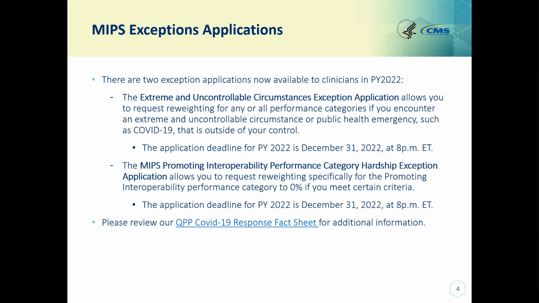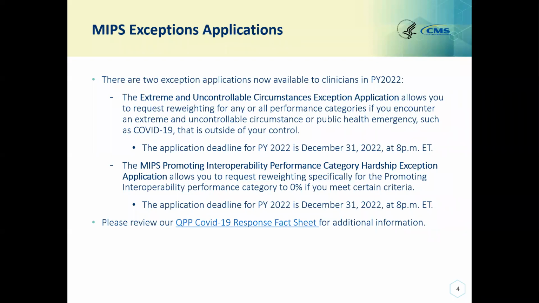That is an available application. If you go to the QPP website, you'll be able to find it on our exception applications webpage. And then we also have our MIPS Promoting Interoperability performance category hardship exception application, which allows you to request reweighting specifically for this performance category to 0%.